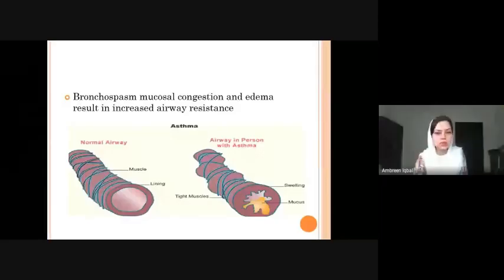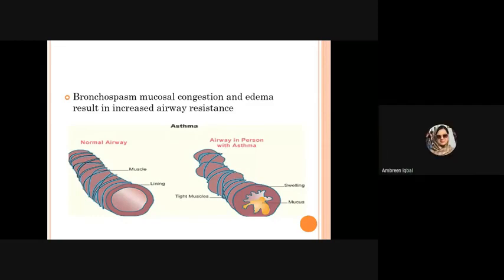You can see the muscles are in bronchoconstriction, and there is some mucus inside it, due to which the lumen has reduced like this. So this bronchospasm, the mucosal congestion and edema increase the airway resistance, so there would be shortness of breath and wheezes in the chest.